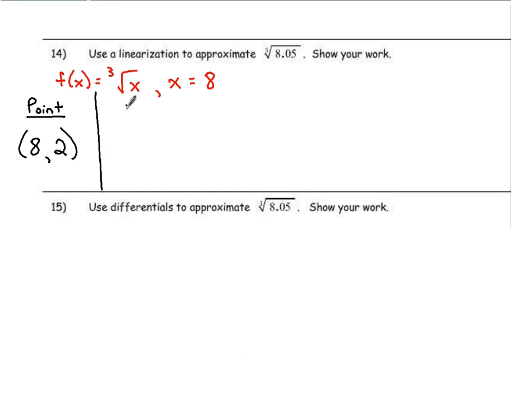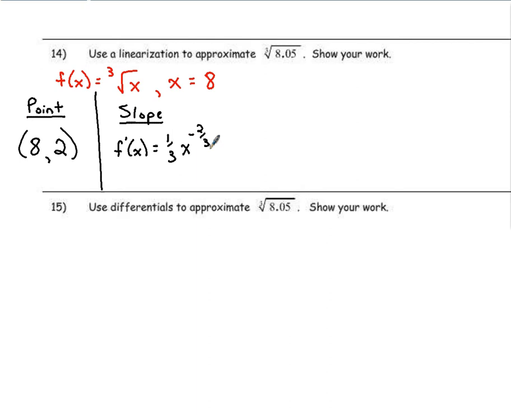For our slope, we have to take the derivative of the function we've defined here. So f prime of x is going to equal, since this is equivalent to x to the 1/3, we bring down 1/3. We have x to the negative 2/3 left if we subtract 1 from that 1/3 power.